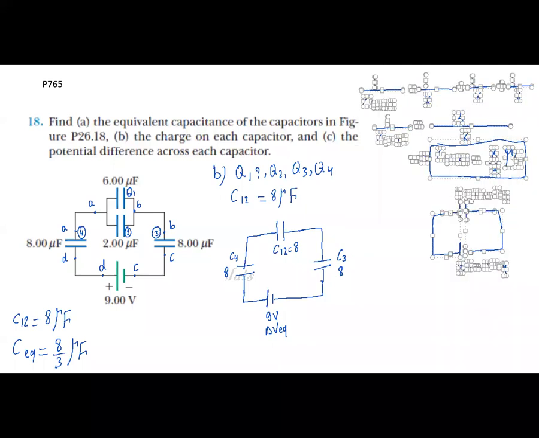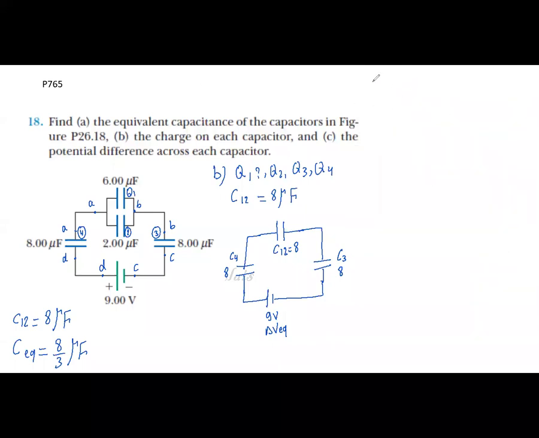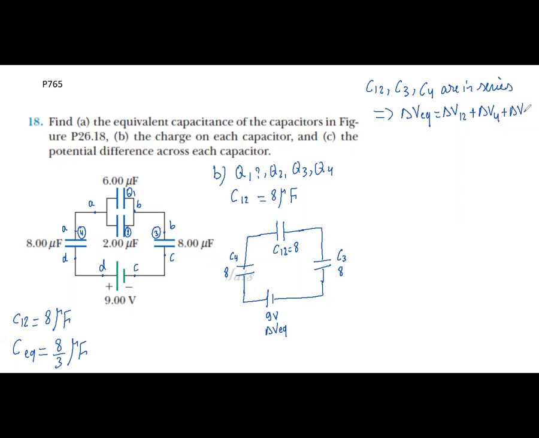So delta V equivalent equals the summation: delta V12 plus delta V4 plus delta V3.